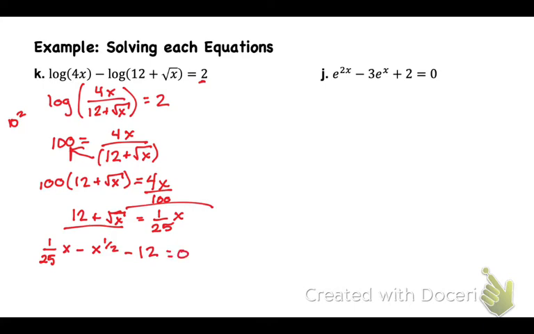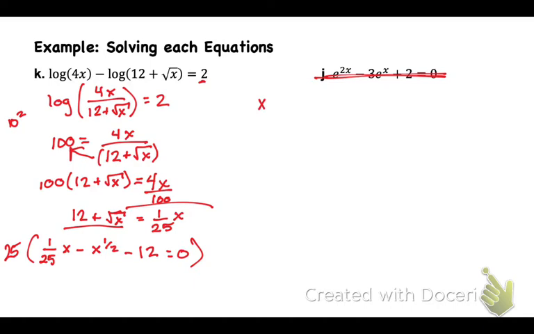Now I'm going to perform some acrobatics. You ready? Okay. I don't want 1/25. Anybody else agree with me? Okay. So I'm going to multiply the whole thing by what? 25. So 25 times 1/25 is 1.